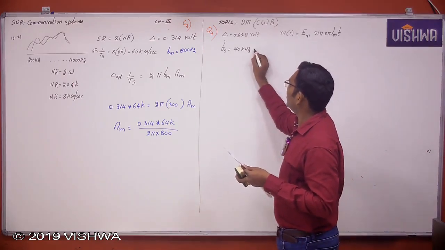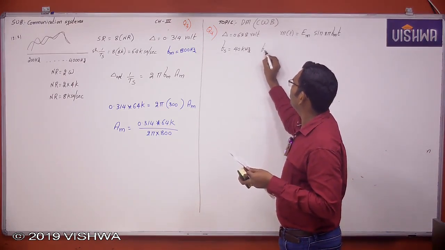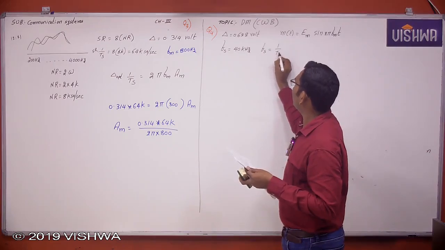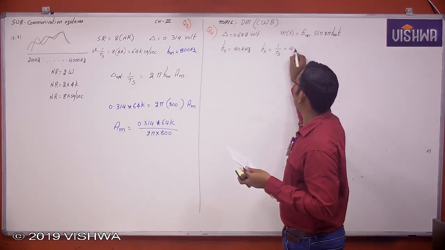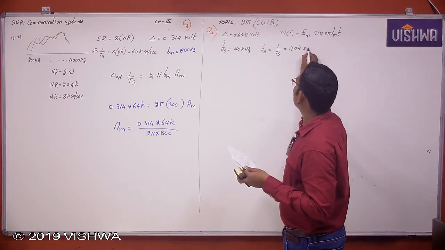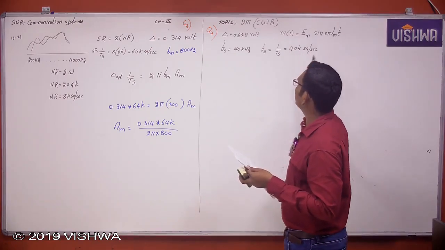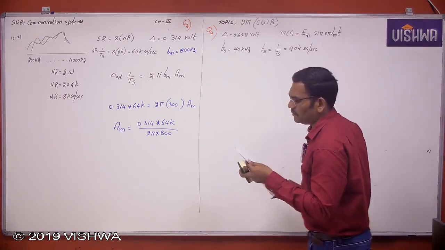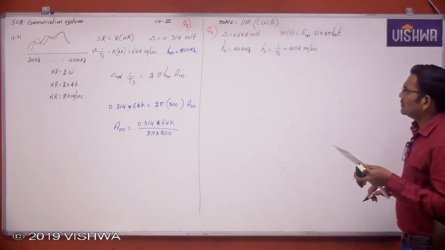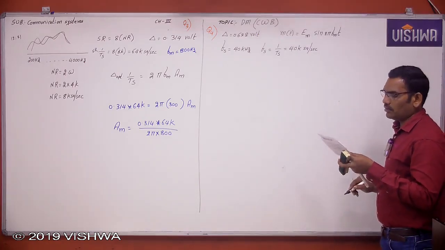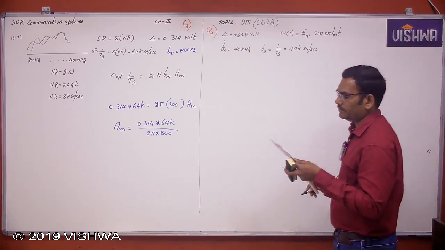Now the sampling frequency, which is equal to the sampling rate, is equal to 40 kilo samples per second.